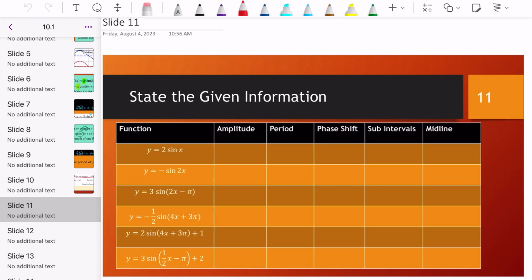So on slide 11, first thing that we're going to do is write our equation. The more you write it, the more I can guarantee you, you will remember it much easier. So the f of x is equal to a sine of bx plus c, plus d, I'm sorry. First thing that we're going to begin with, we're going to go ahead and find our amplitude of y is equal to 2 sine x. Amplitude would be 2. Our period is going to be 2 pi.